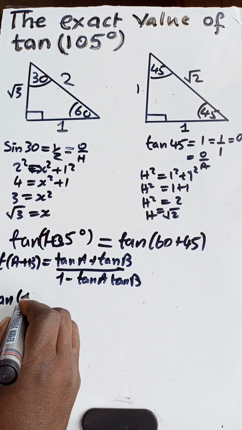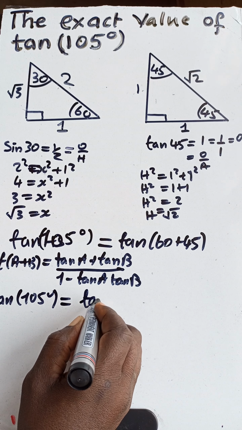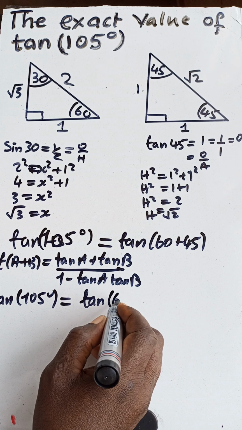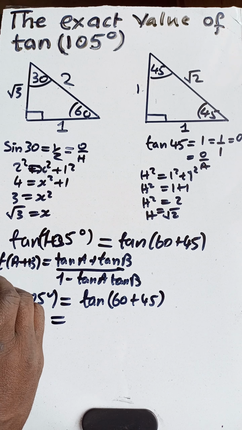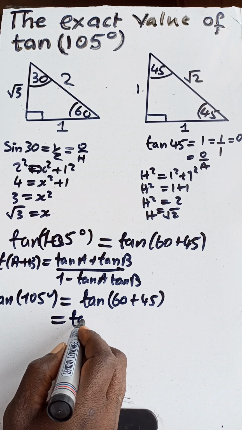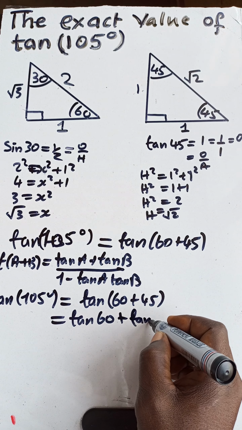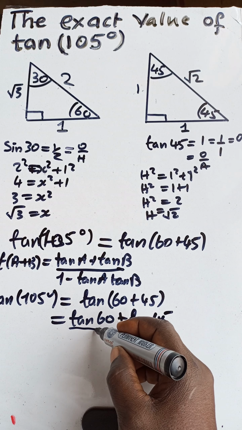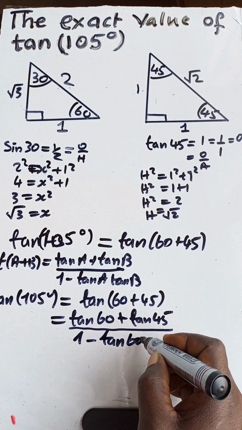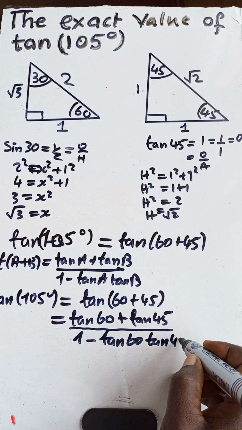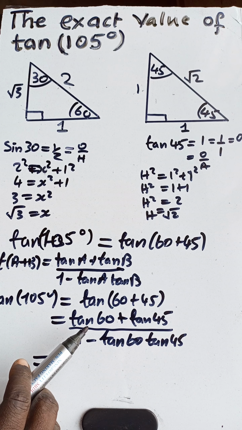So our tan of 105 degrees will therefore be equal to tan of 60 plus 45, which from this identity will be tan 60 plus tan 45, all of that divided by 1 minus tan 60 tan 45. So we now look for tan 60.